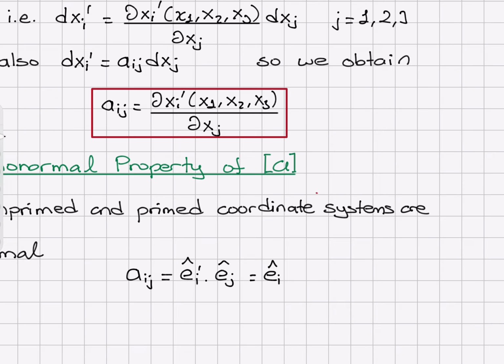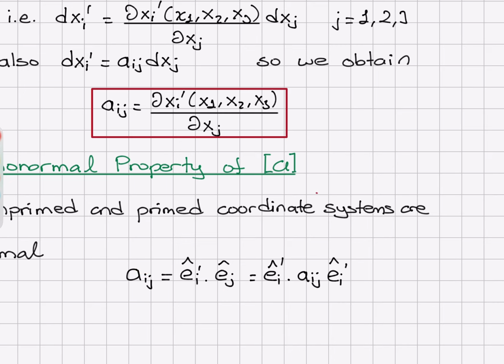should be able to write Ei prime hat dot product with Aij Ei prime hat. This dot product is equal to 1, and I would find Aij is equal to Aij.